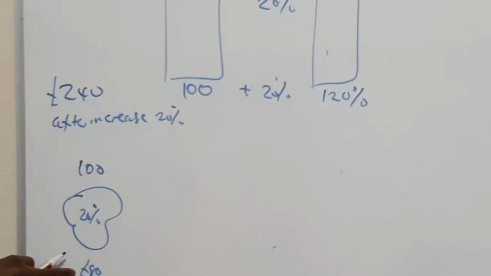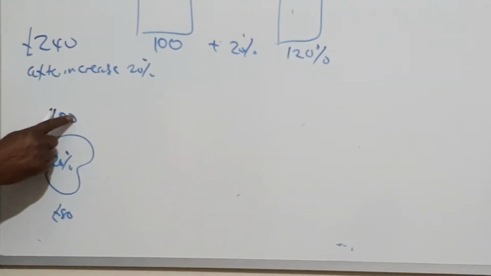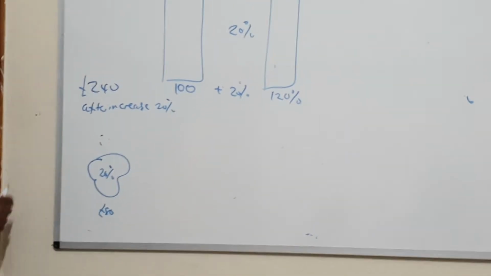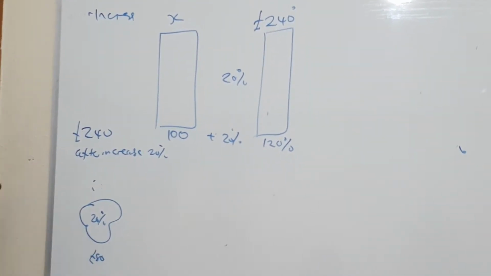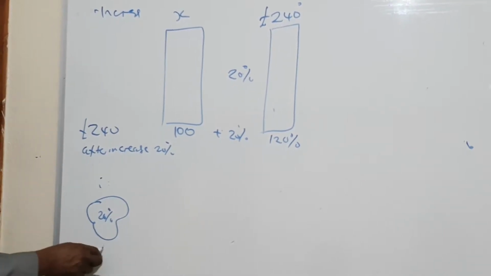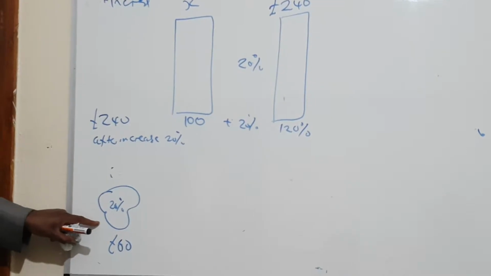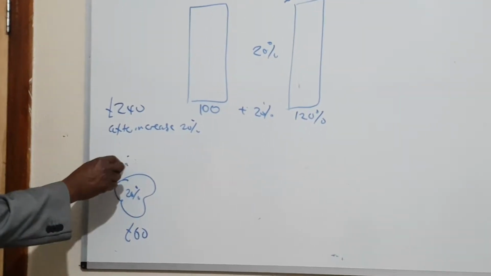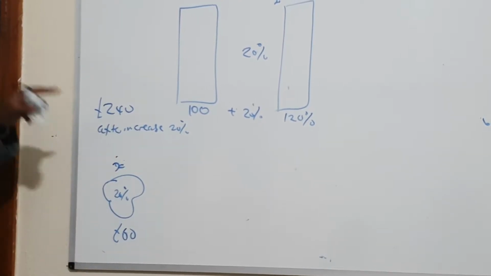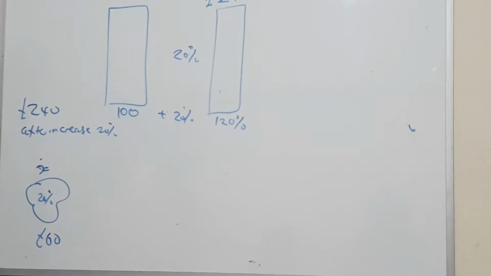But if you didn't know the price, but after the discount it is let's say £60, this is the price after the 20% deduction, £20 discount. What is the original price? That's what we should be doing, at least 2 or 3 examples of that.